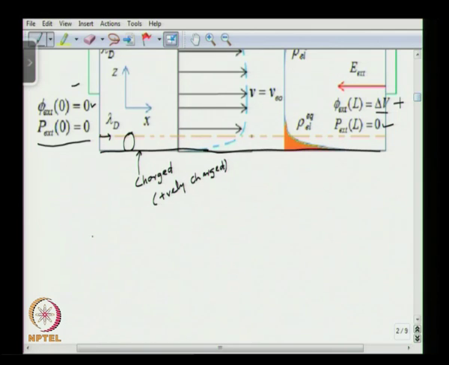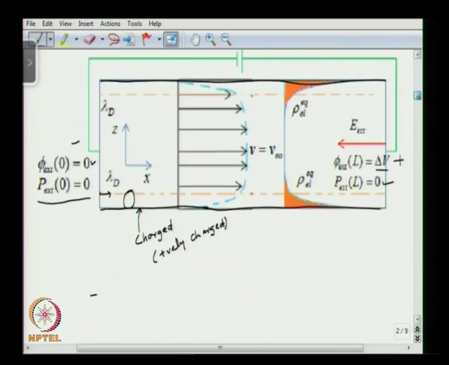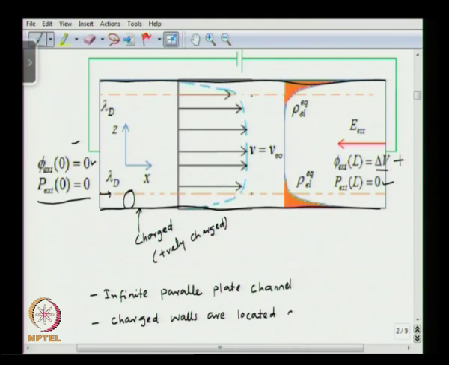So here we talk about infinite parallel plate channel, okay, and the charged walls are located at z equal to plus minus h by 2.